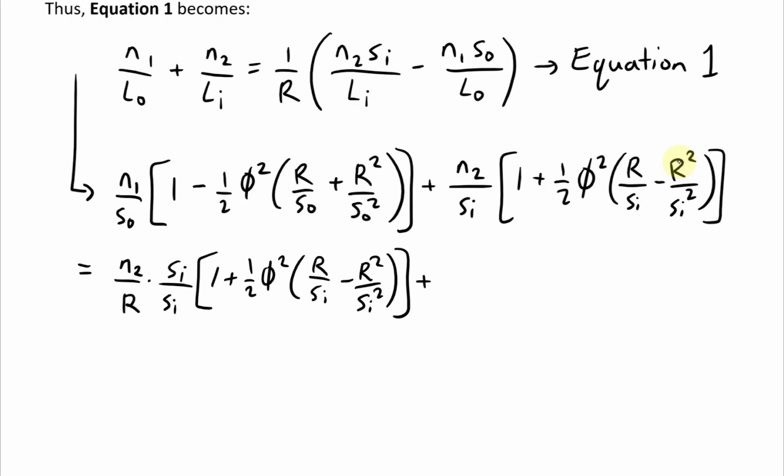bracket plus, and then the next one's going to be multiplying this 1 over R inside. That's going to be negative 1 over R times the S naught there.